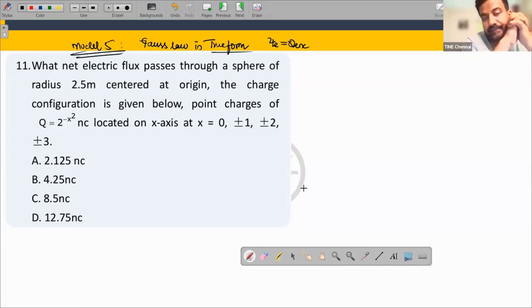Anyone got the answer? Please type your answer in the chat box.